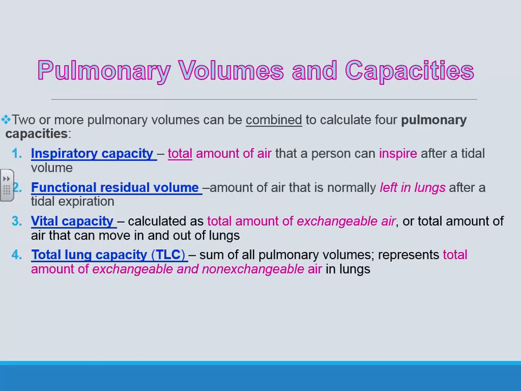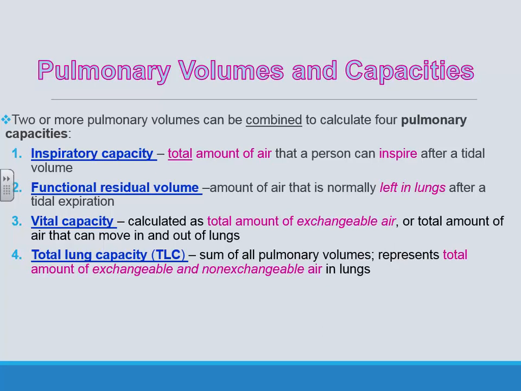The other two pulmonary volumes are actually capacities. So you have inspiratory capacity, the total amount of air one person can inspire after tidal volume. So that total air that's taken in, inspiratory capacity. The functional residual volume is what's left in the lungs. The vital capacity is how much air is actually exchanged.